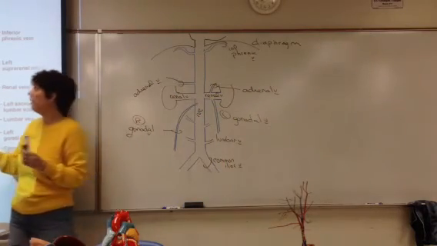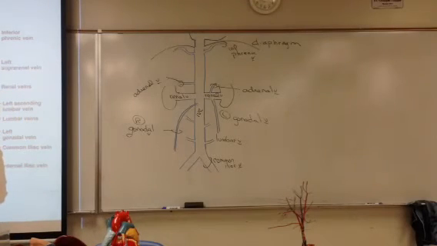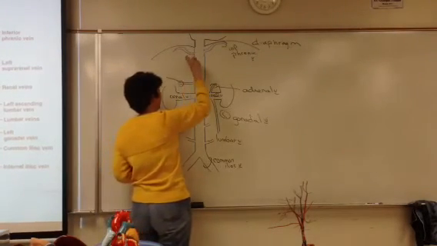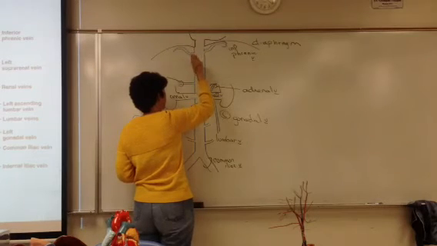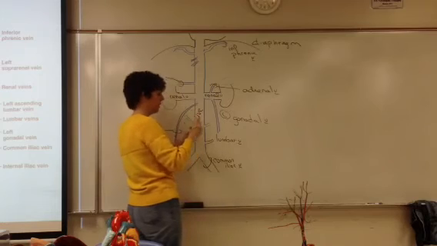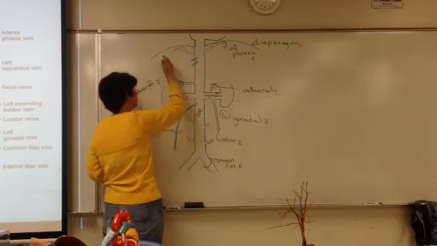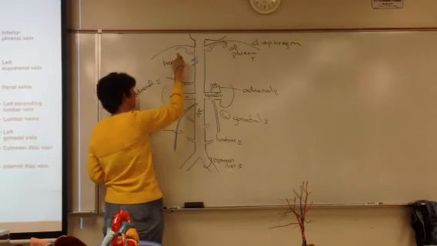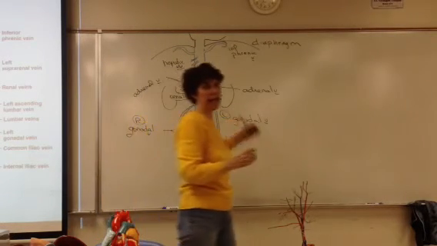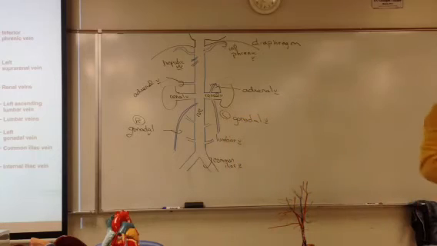And then coming from the liver, after all the other organs have sent their blood through the liver, the blood will finally leave the liver and empty into the inferior vena cava as hepatic veins. So hepatic veins will also drain into the inferior vena cava from the liver itself. Other than the left gonadal, these are all the veins that drain directly into the inferior vena cava.